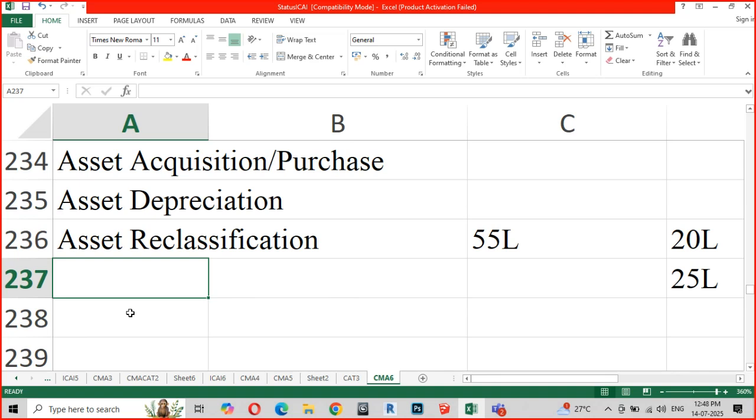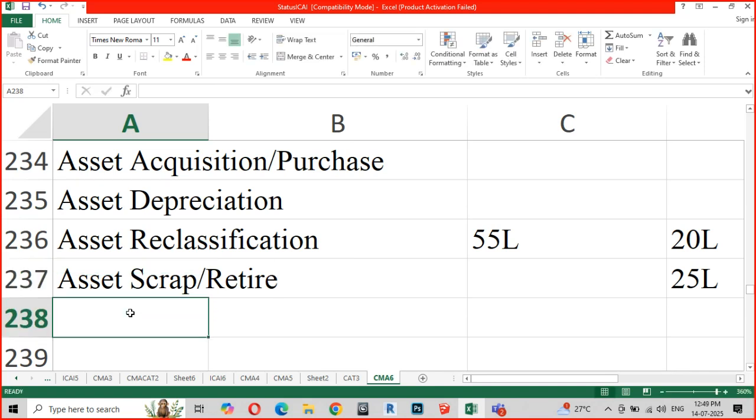And finally, you have the asset scrap or retirement of asset.